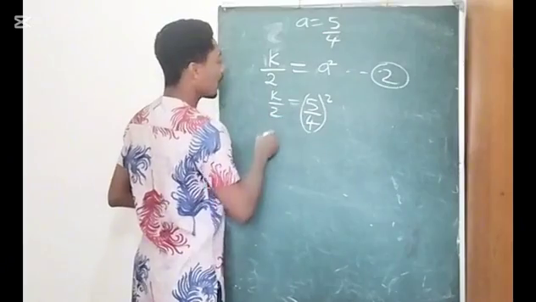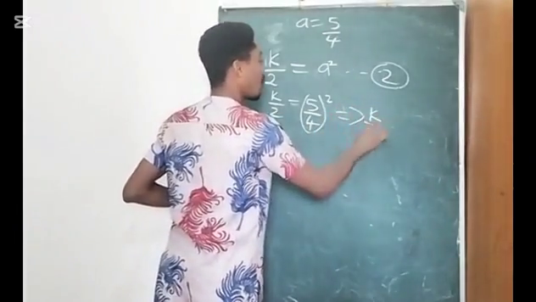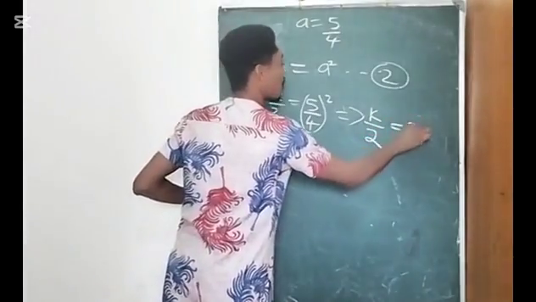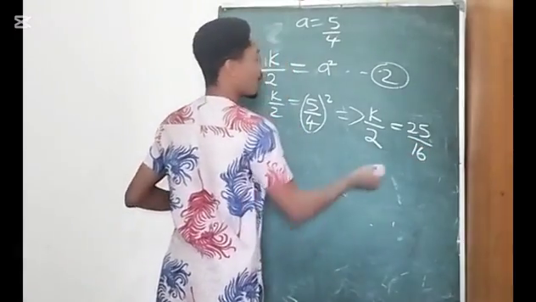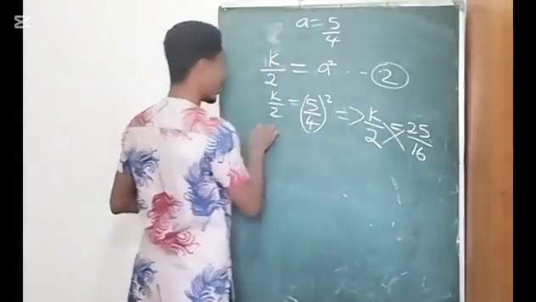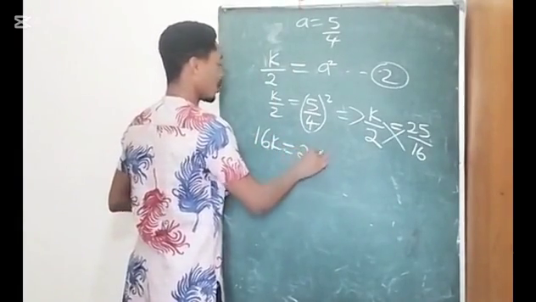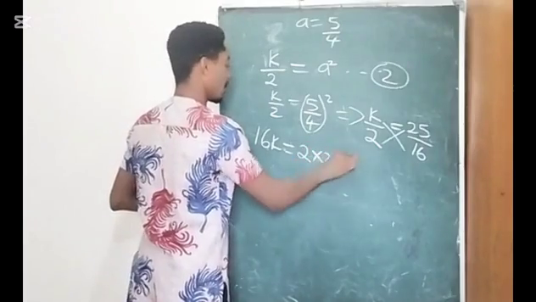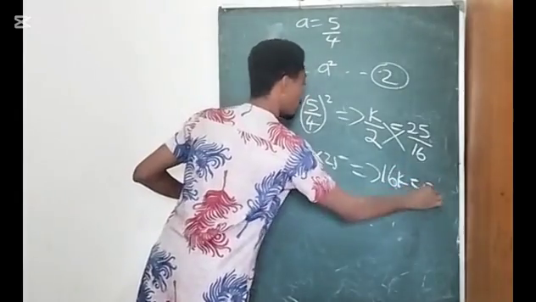So you can see here that this will become k all over 2 equals 25 all over 16. So I want to find k. Cross multiply: 16k equals 2 times 25. That means that 16k equals 50.